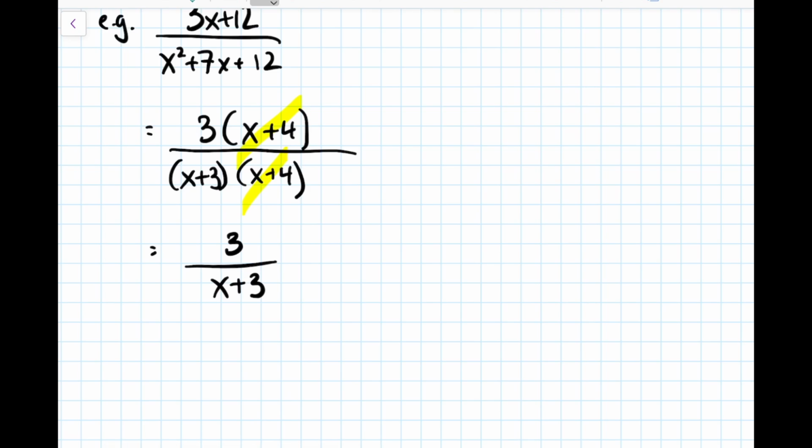And so again, this is another one that we cannot simplify, right? You can't simplify any further because you can't divide all of the terms by 3.